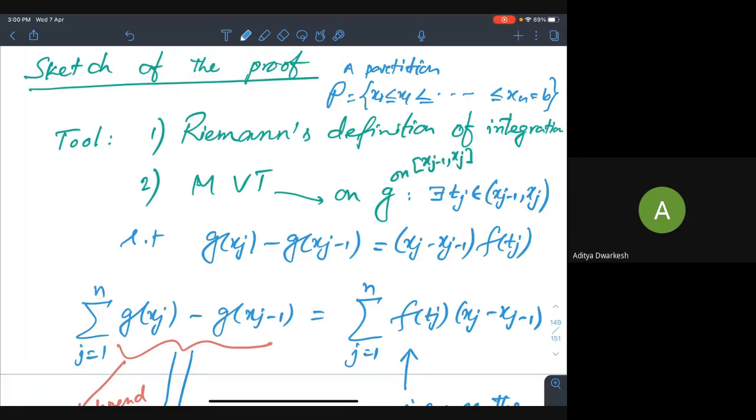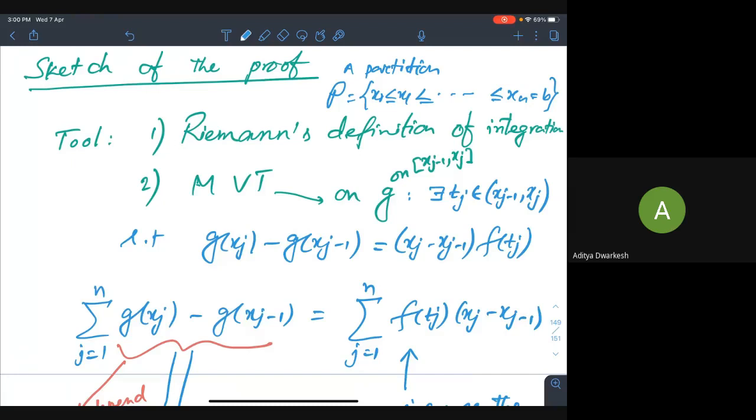Next time there will be three theorems. One is integration by parts, then change of variable, and then changing limit and integration.